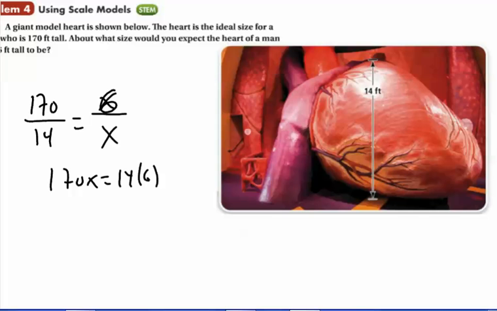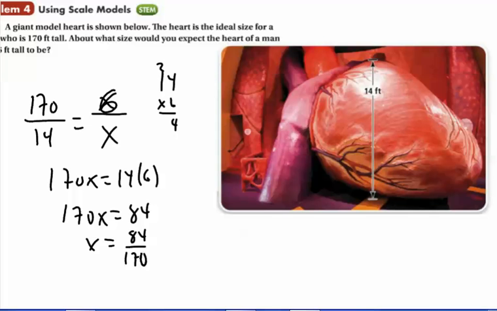I don't know what 14 times 6 is, but I'll check it out right here. 14 times 6, 84. So 170x equals 84. And now I'm going to divide both sides by 170. And this becomes 0.49 is what x is equal to.